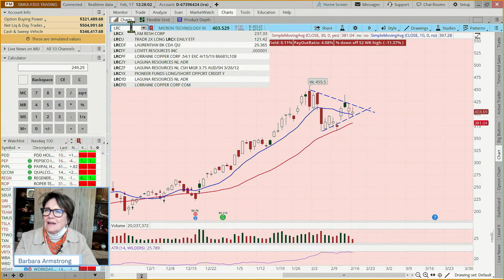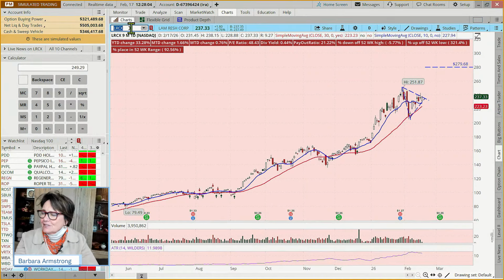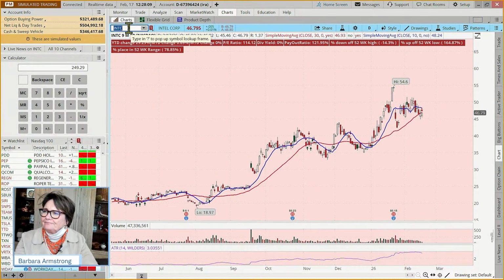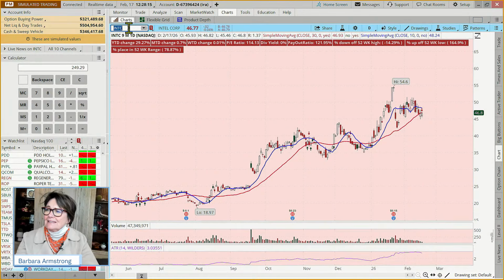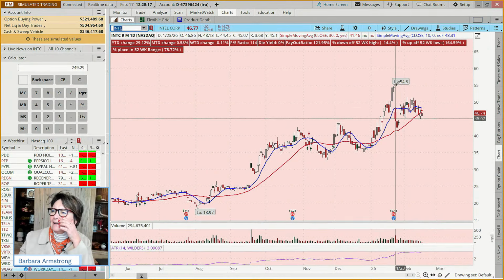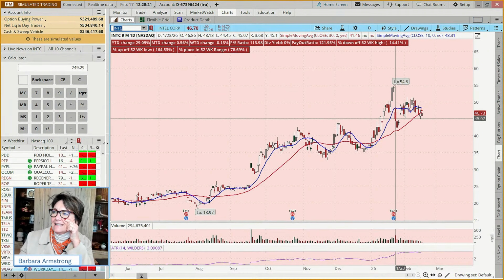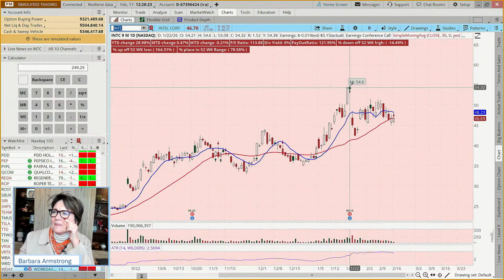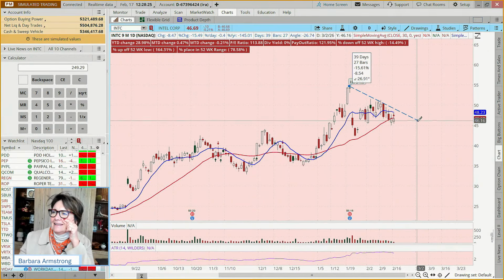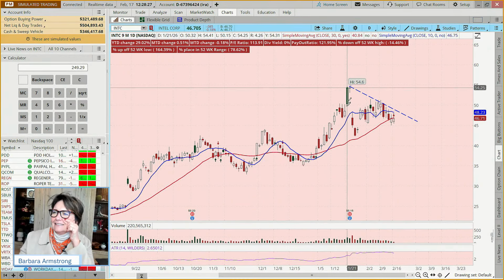Did we look at Lam already? Yeah, we started with Lam. Okay, how about INTC? So this one has had a few little ups and downs, hasn't it? But we had this 54.60 hit. And it's been kind of lower high.